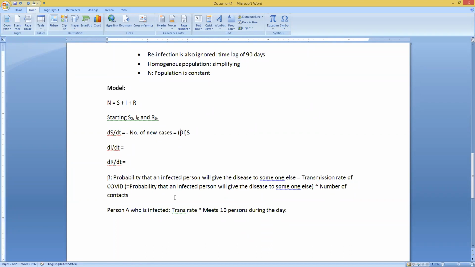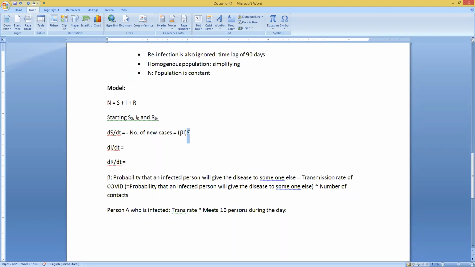Okay, so beta is the number of healthy persons who will be infected by one infected person. If there are, let us say, 10 infected persons, then how many people can be ill? It will be beta I. So this becomes the proportion who will be ill.